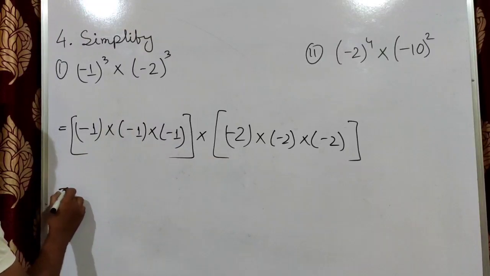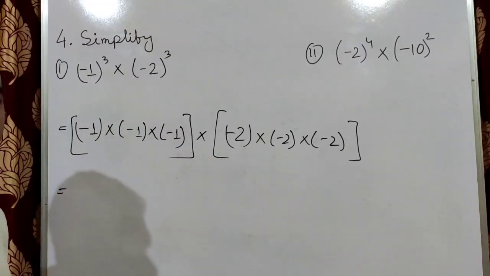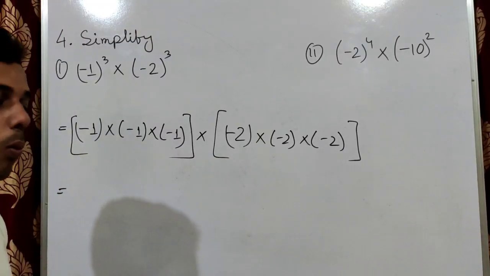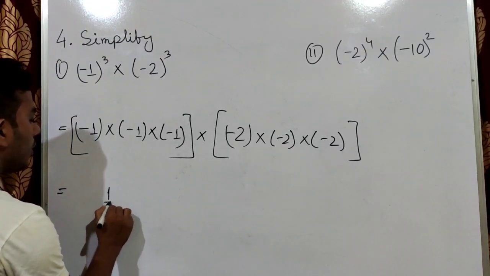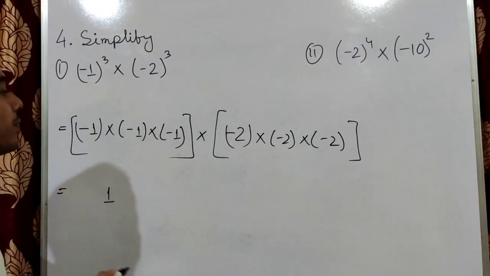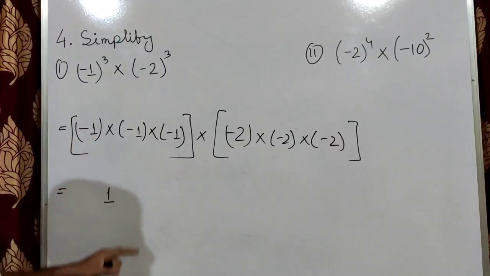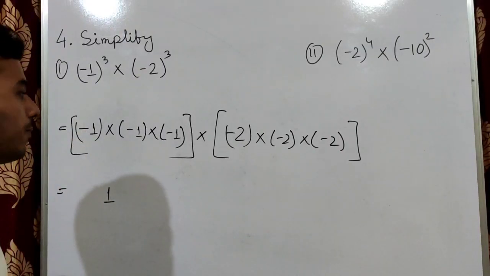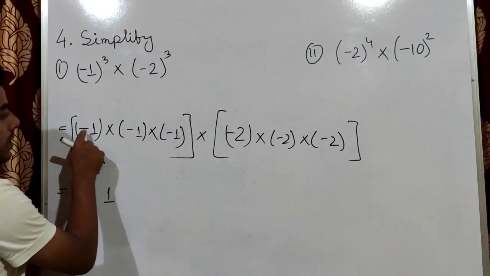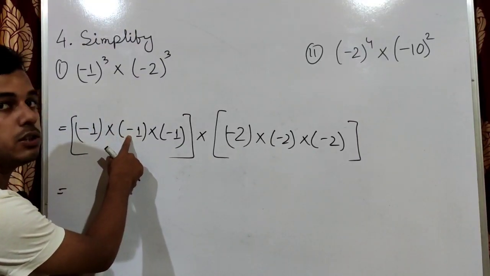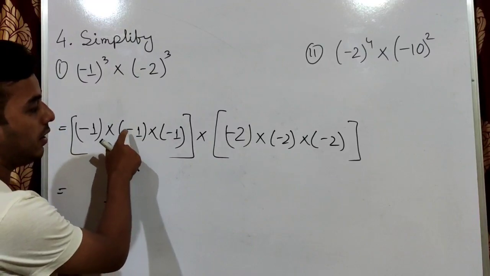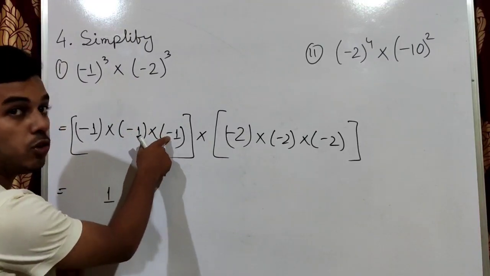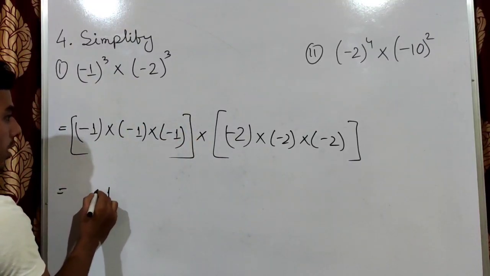Now minus 1 into minus 1 into minus 1, 1 if multiplied 100 times will be what, 1. But one thing more about the sign. For sign we know minus minus is plus, and plus minus is minus. So here first is minus minus, it will be plus, then again plus minus, it will be minus 1.